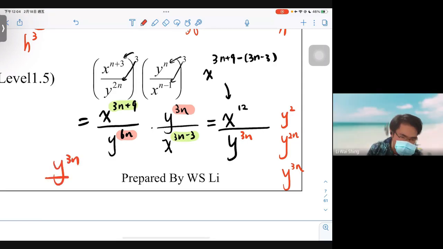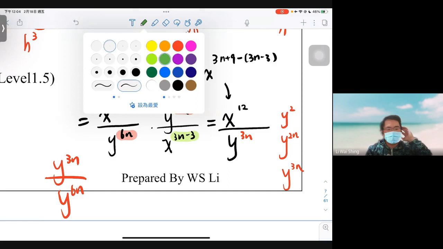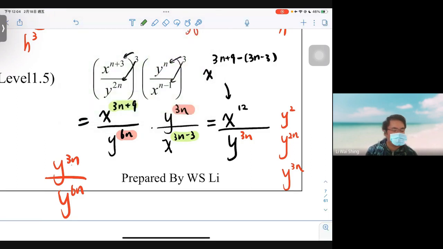Yes, very good. So remember the rules. Don't use your feeling. If you use your feeling, it will die because some of you may just cancel the n. Or just because 3n is at front, 6n is below, some of you may have the feeling that it is equal to this one, and then tell me it is equal to 1 over 2.